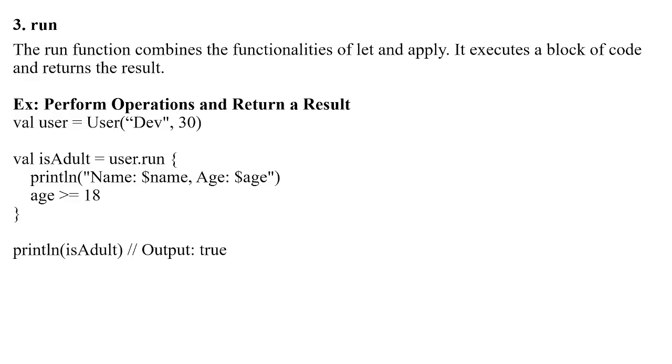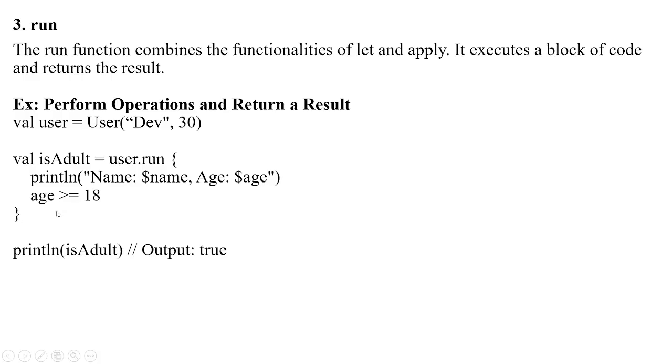The third one is the run scope function. The run scope function combines the functionalities of let and apply. It executes a block of code and returns a result. Suppose we have a model class named User with two parameters, name and age, and we can check by using the run scope function whether our user is eligible for voting, that is, is an adult or not.